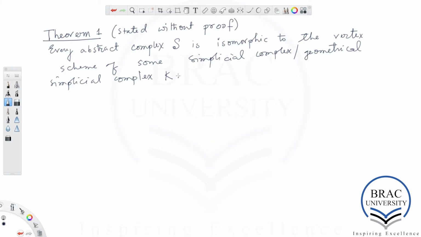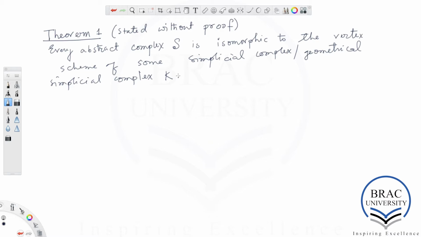This is how you can relate an abstract simplicial complex with a geometrical simplicial complex through the vertex scheme of the underlying geometric simplicial complex.